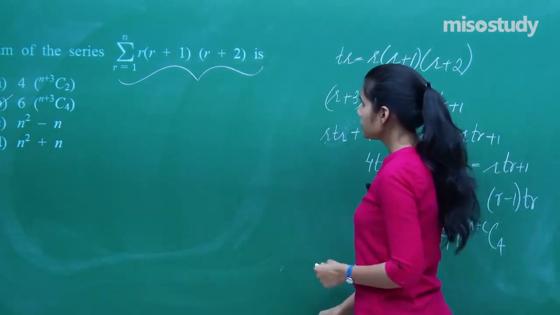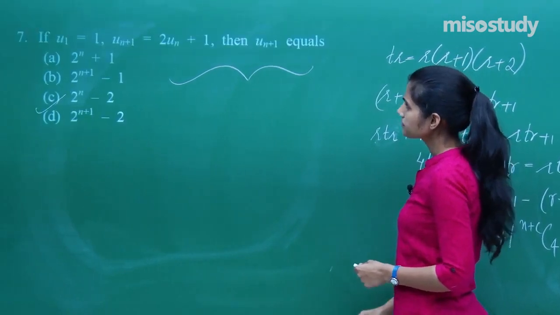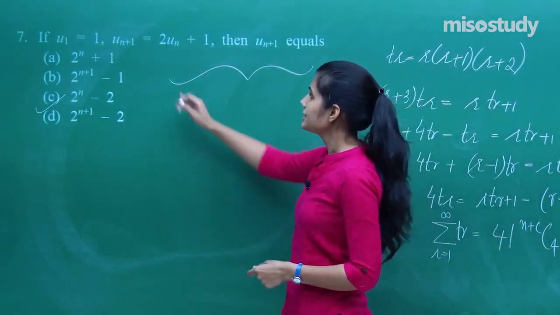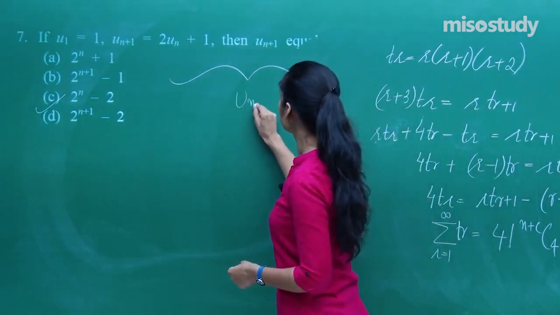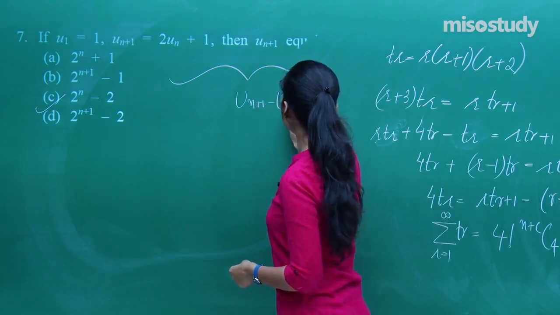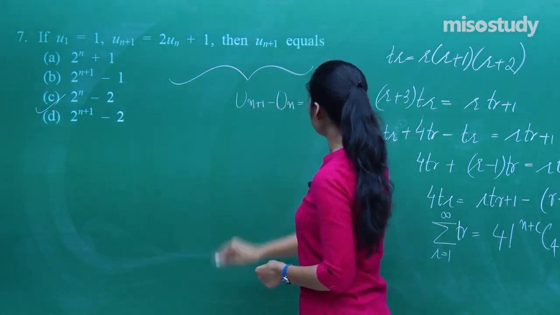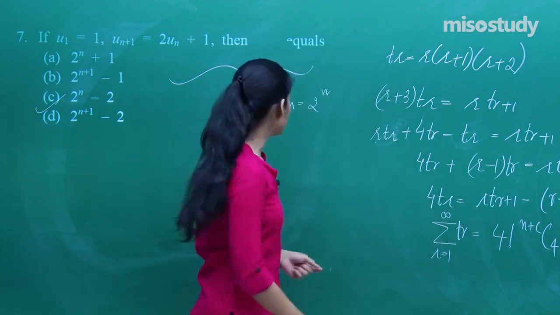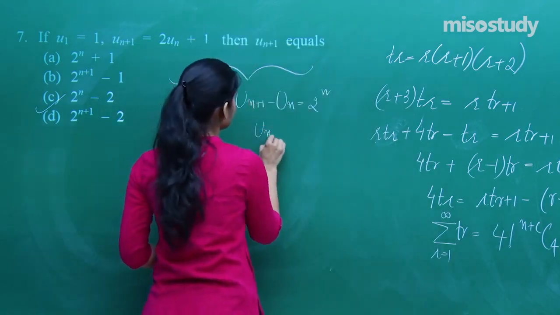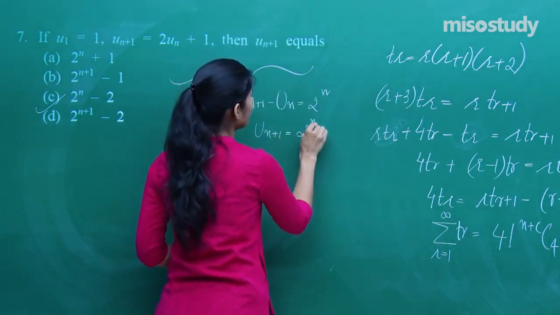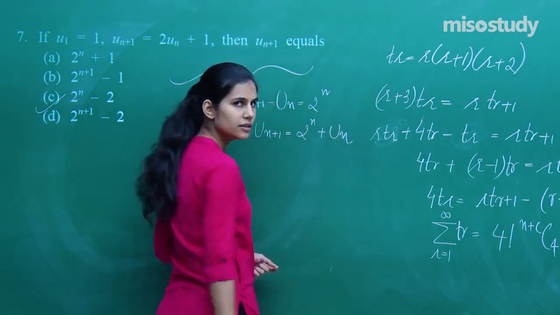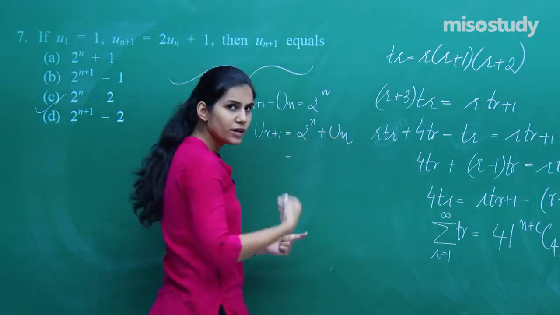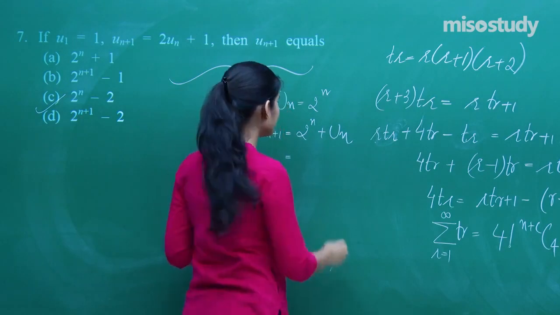So here also in the previous question, what did we see? When we had established that un plus 1 minus un was 2 to the power n, the next step was to say that un plus 1 is 2 to the power n plus un. Fine. So you keep on extending this.